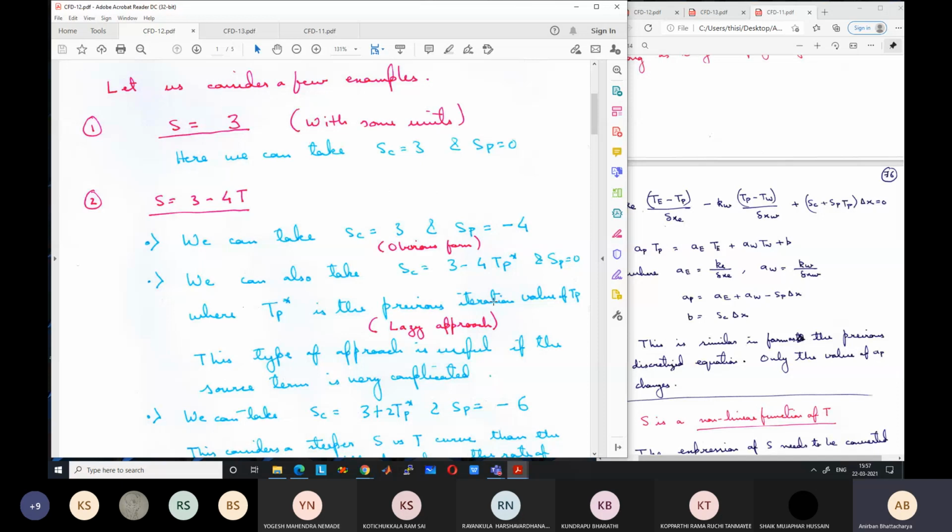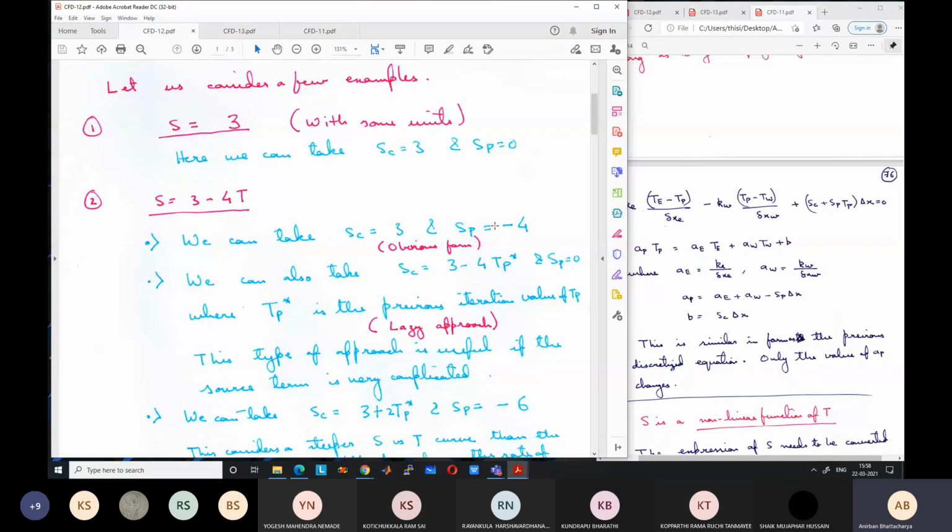This approach is known as the lazy approach, because you are just putting everything together in the constant term and not taking any other term. This will lead to the correct solution, but if the system is complicated, it may take a longer time to get to convergence.